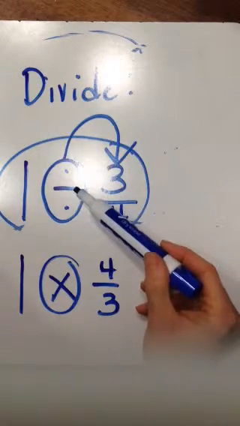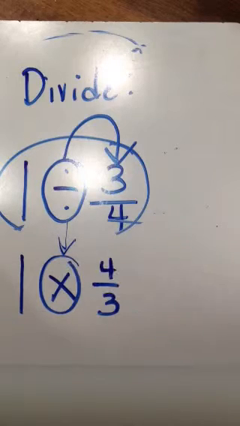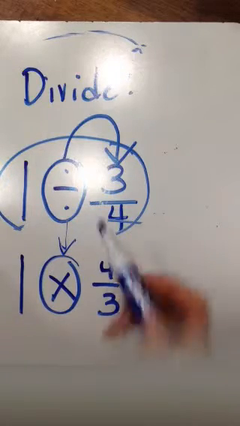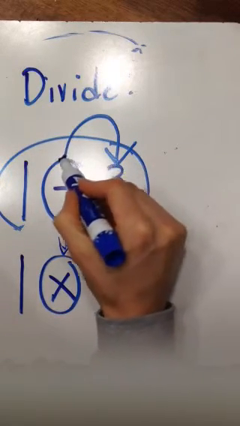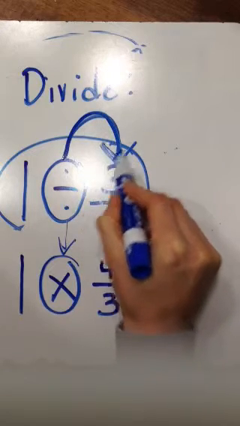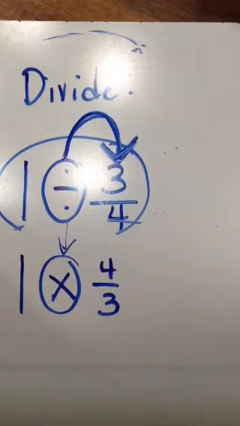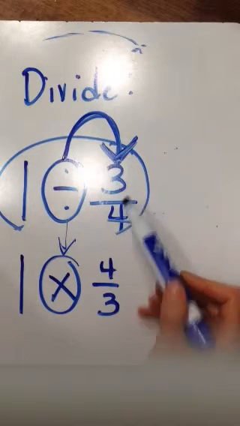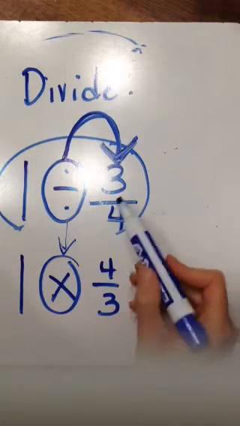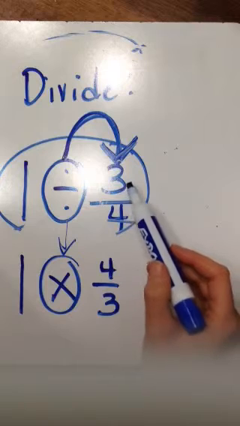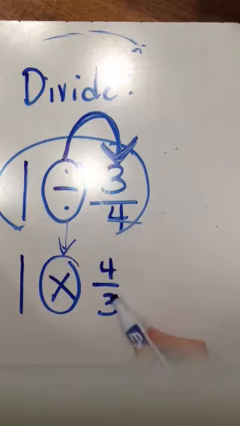I had divide here, and I changed it to multiply, which is called an invert operation. But when I do that, I also have to change the fraction to the right, not to the left, to the right. And you would change it to its invert form, which is the opposite or reciprocal. So 3/4 would become 4/3.